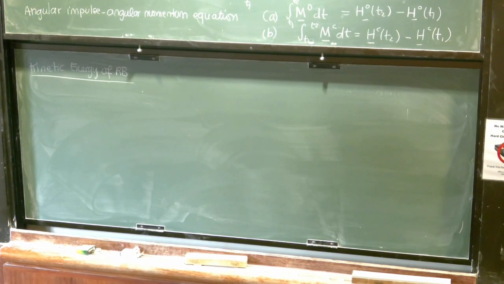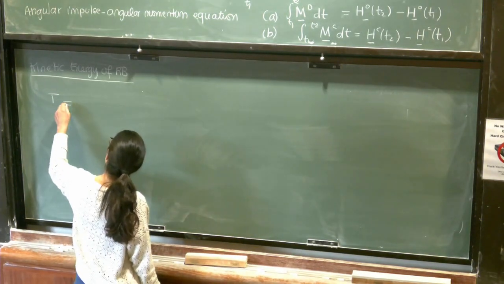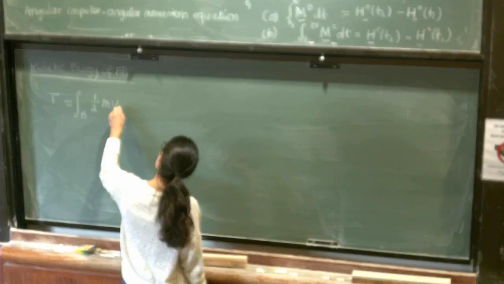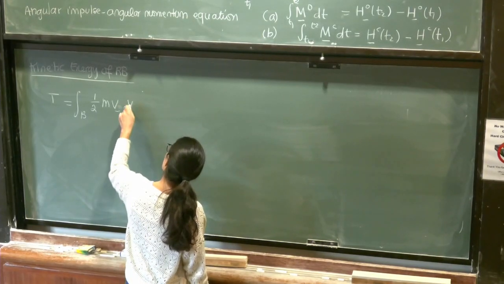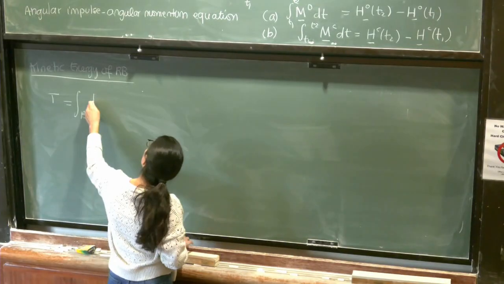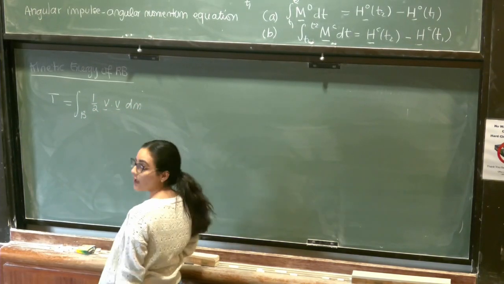I take a continuous sum, which is an integral, of the kinetic energy of each particle. So the kinetic energy of a rigid body is the integral over the body of half v dot v dm. Okay, I need you to help me through this.